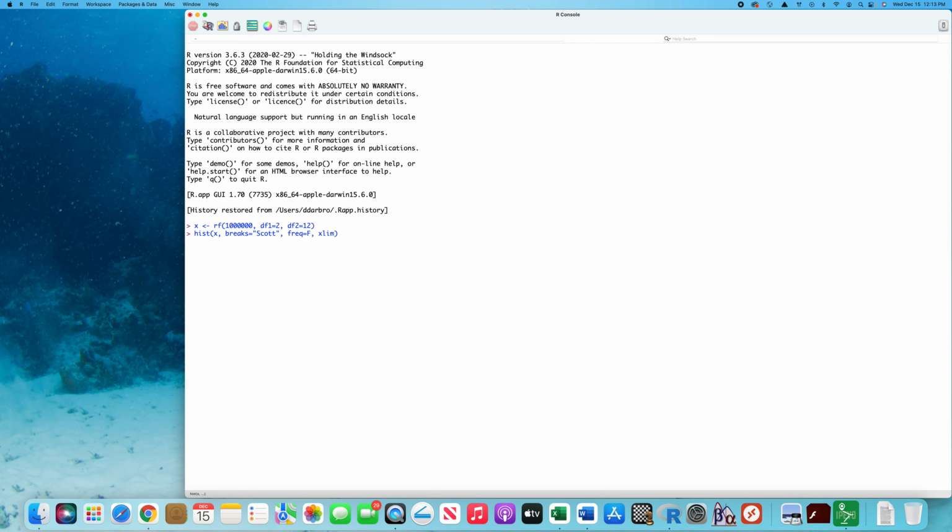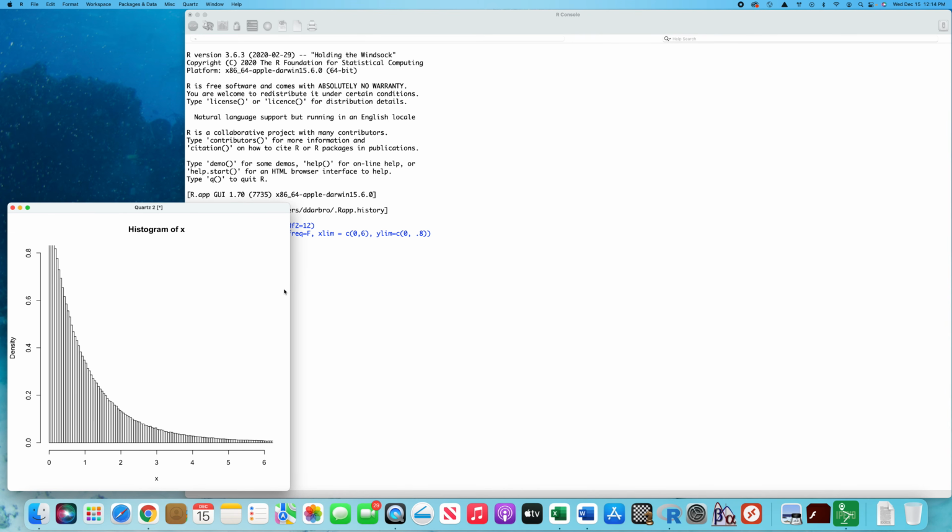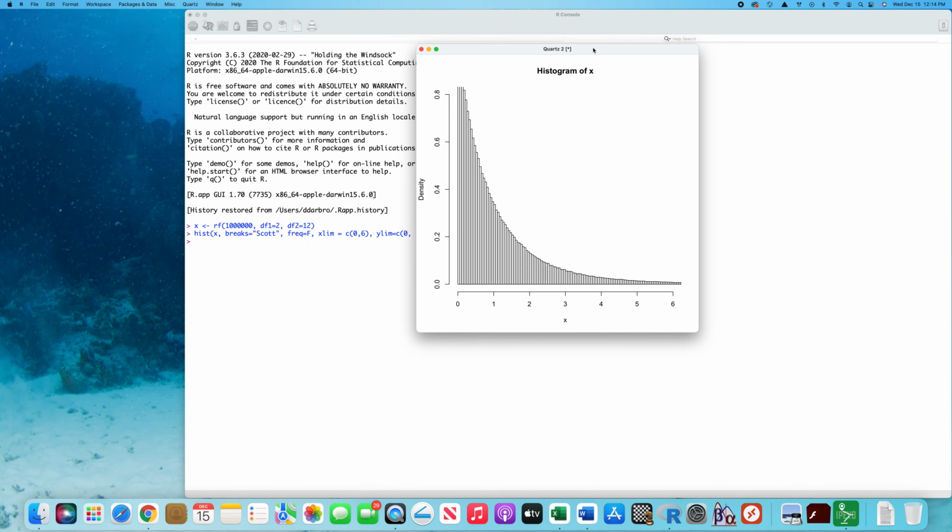Let our values range from, I think from the calculator, it looked like 0 to 6. And let's run this from 0 to 0.8 maybe. That should do it. All right, yeah, pretty cool.